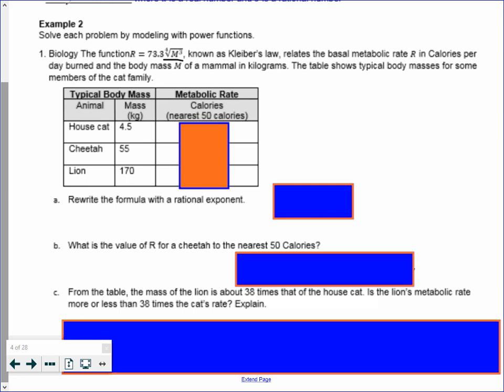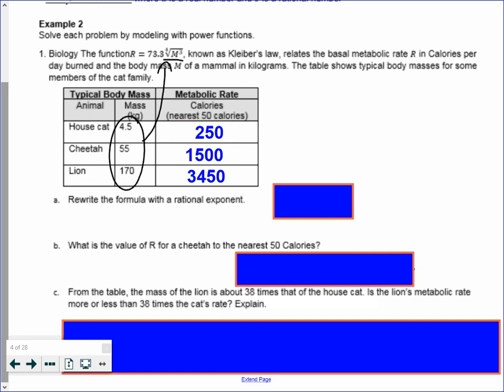Our masses right here are all our M values that we're going to plug into this formula. When we do, we'll get our metabolic rate for each mammal, and then we'll solve the problem. For a house cat, the typical mass is 4.5 kilograms. If you plug that into the equation, we get 250 calories.